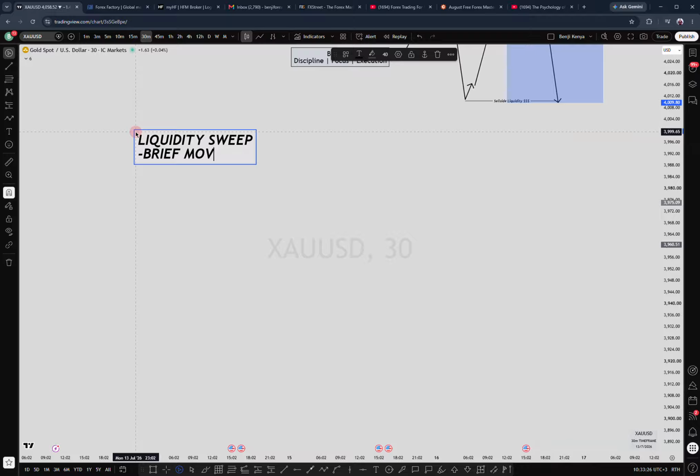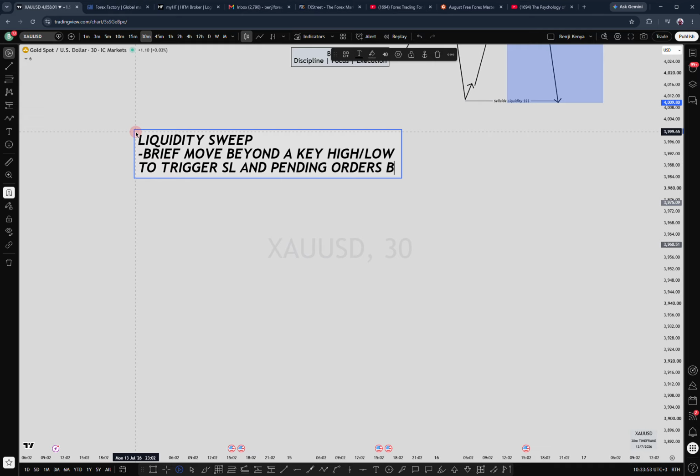A brief move beyond a key high or low. Right, just a brief move to trigger stop losses and pending orders before reversing.